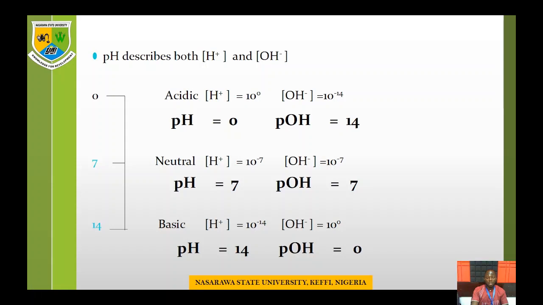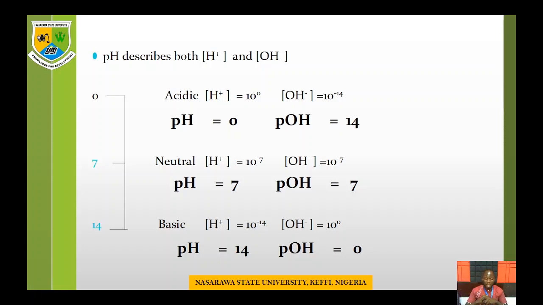So pH describes both hydrogen ion and hydroxy ion. What that means is that when we say pH, we are not just referring to hydrogen ions, but it's a broad term that describes both hydrogen ions and hydroxy ions.